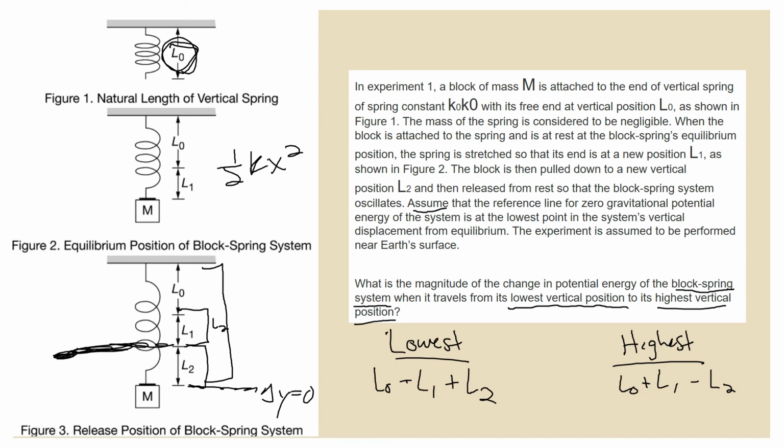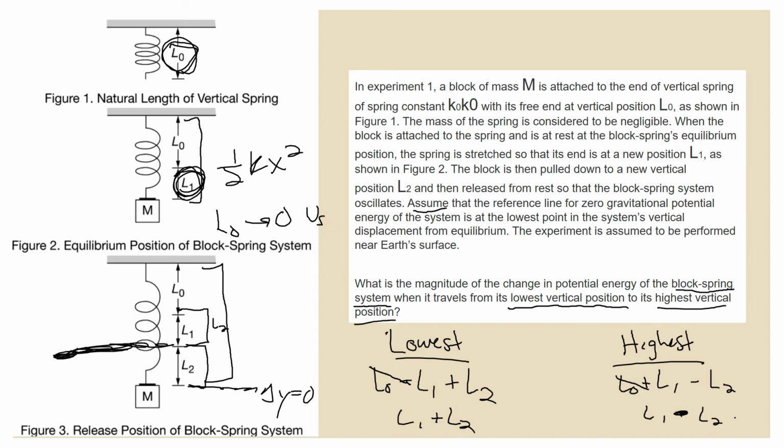When the length of the spring is L naught plus L1, let's just say here, this thing does have a potential energy. But it has a potential energy only because of the L1 part. The L naught contributes 0 to the spring potential energy. The distances really are measured relative to that. And so the idea is, for the purposes of the potential energy calculation, because that contributes nothing to the potential energy, we can get rid of that term.